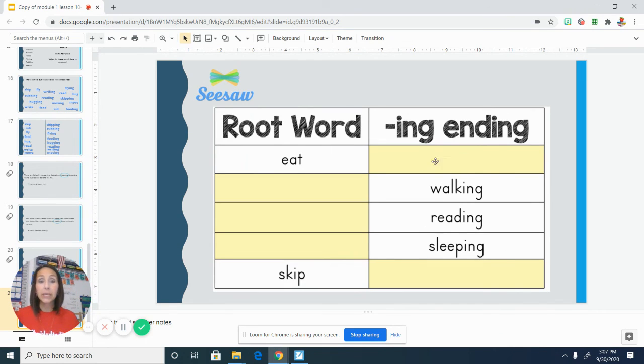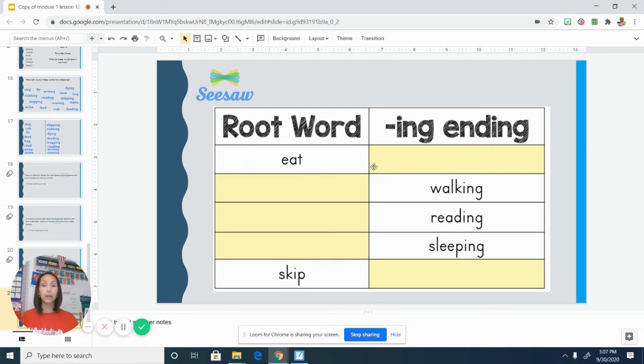And wherever you see the yellow highlighted section, that's where you are going to fill in the blank. So in this one, we have the word eat. So what you want to do is use your pen tool or your typing tool, and you want to show how do we write the word eat with the ing ending, and what would that new word become? It would be eating, right?